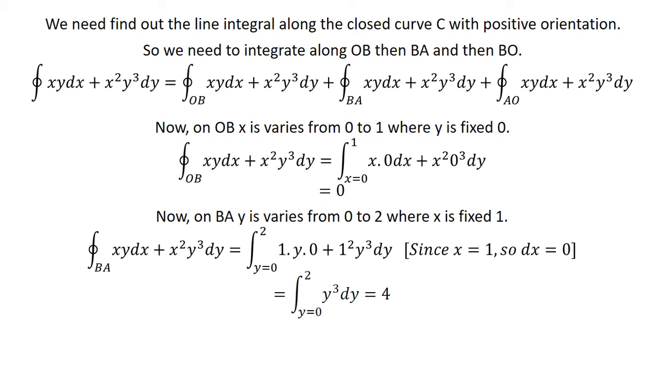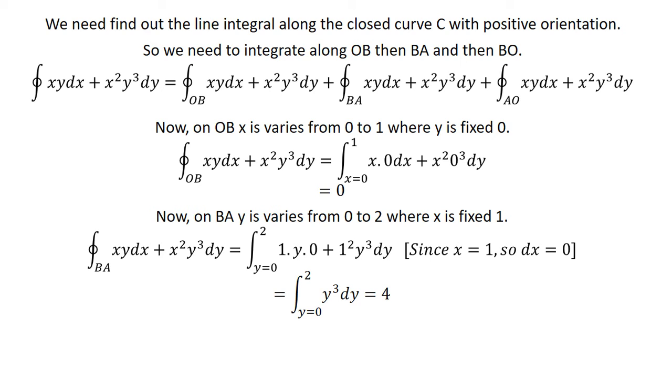So basically the closed integration of xy dx plus x square y cube dy is integration along OB plus integration along BA plus integration along AO. We will separately integrate along OB, along BA and along AO, and ultimately we will add them to find the final result.